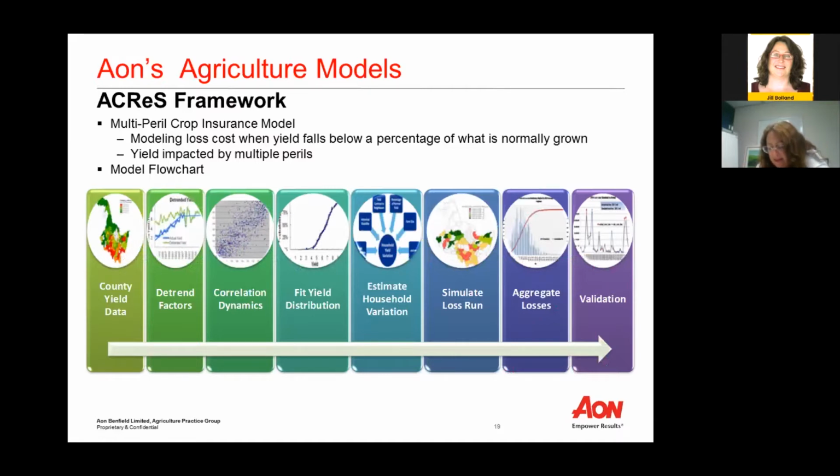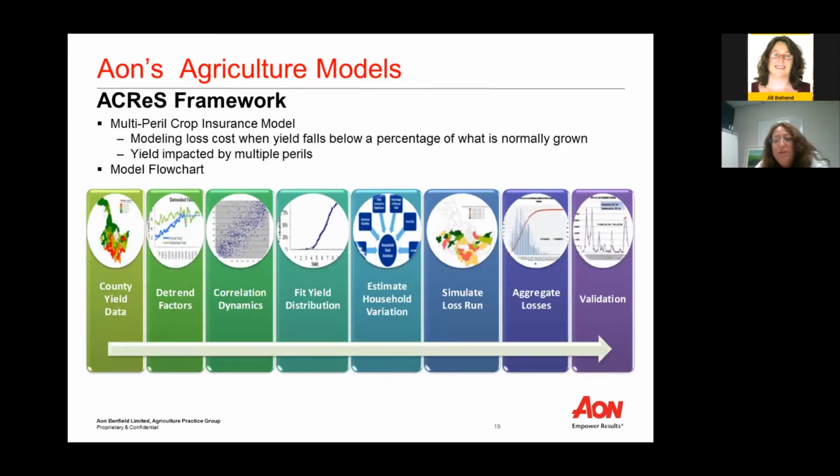In some cases in India and China, within a village, I think the whole village gets insured and they all get the same claim as well. So sometimes it's knocked down to a household level, but it's generally at a lower level than we have our data for. Once we've done all of that, we simulate thousands, hundreds of thousands of yields, and each simulation is a household or a policy holder.